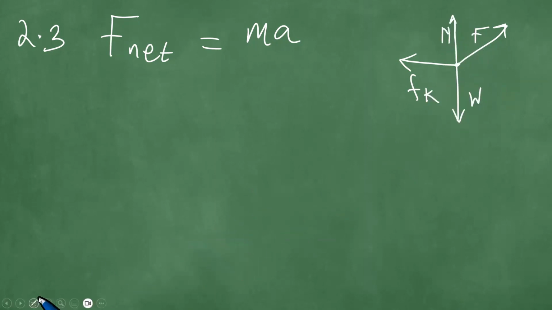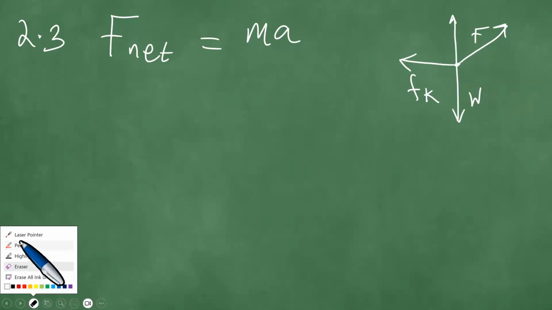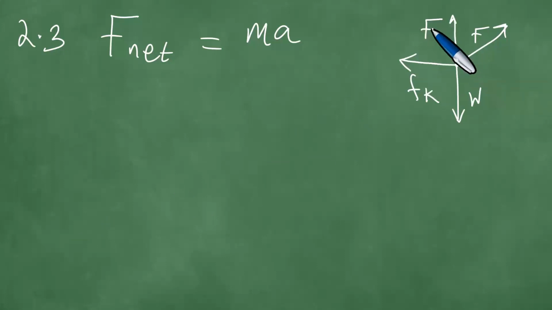You can call it F sub n to show that it is the normal force. So this one here is at an angle of 20 degrees to the horizontal. That is the applied force.